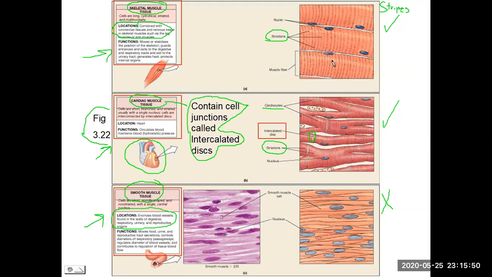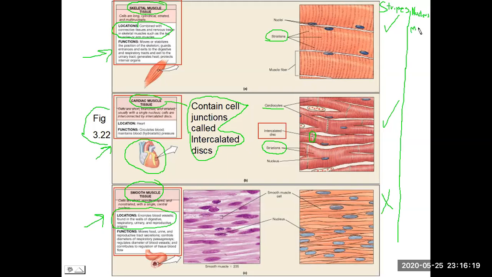And another trait we'll take a look at is the number of nuclei. So how many nuclei are found in one cell? So in skeletal muscle, and we're only seeing one little small segment, but in one skeletal muscle cell, there's actually multiple nuclei.